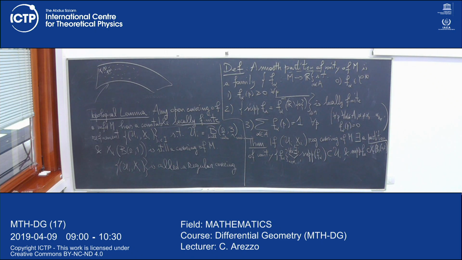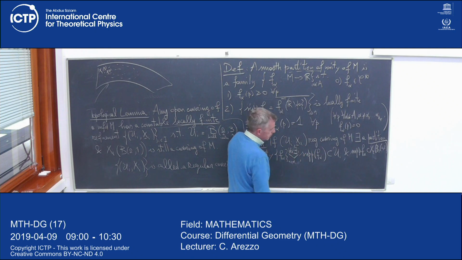Okay, so the support of F alpha is contained in xi of Ui, where alpha and i are related by these conditions. So for any alpha, there is a canonical i, at least one.